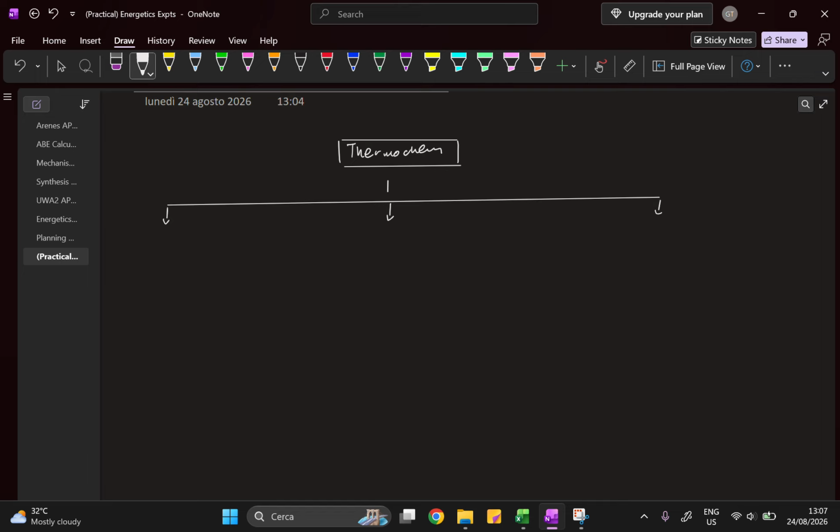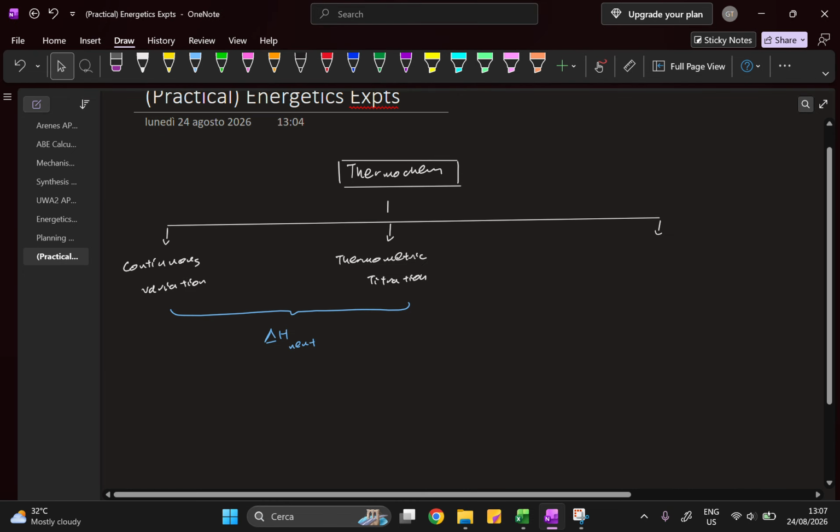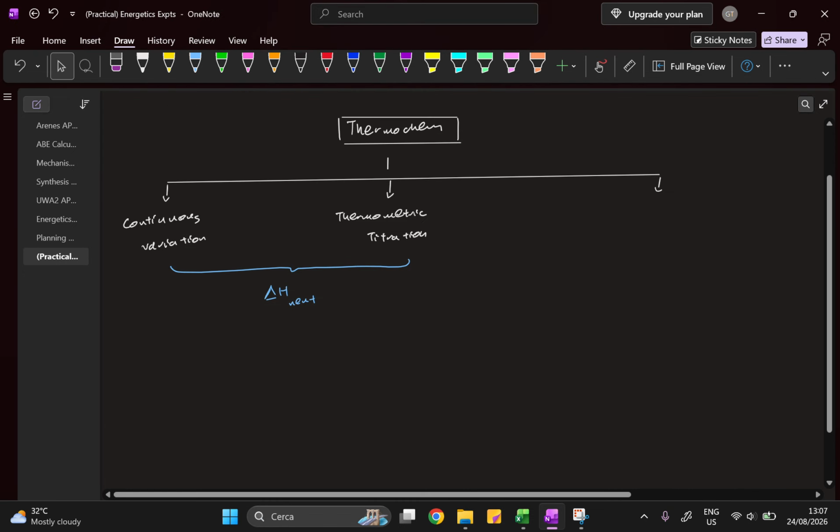One of them we call the continuous variation method, and the other one is the temperature thermometric titration. As I said, the point of both of these is to measure specifically the enthalpy change of neutralization in a particular acid base reaction.